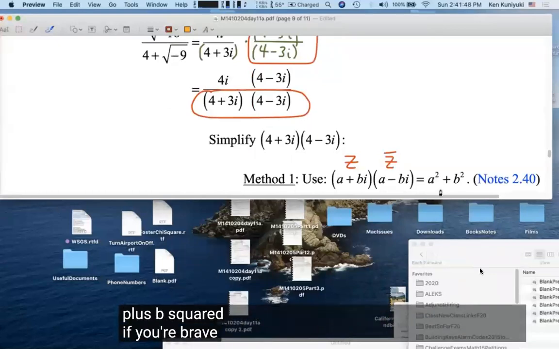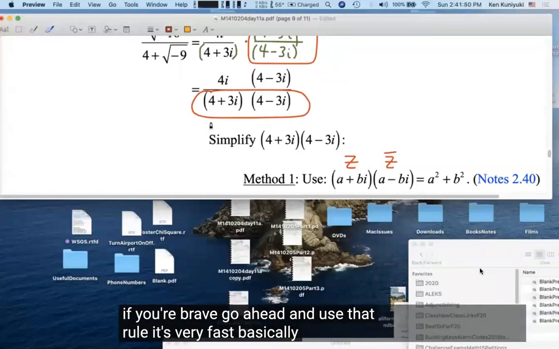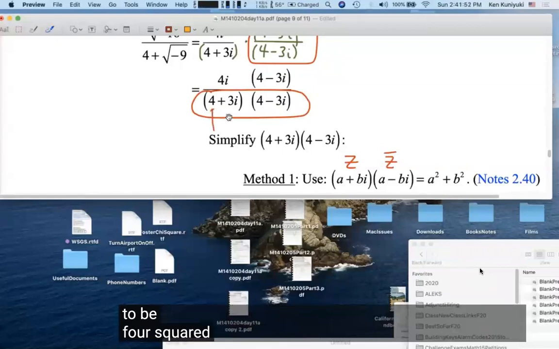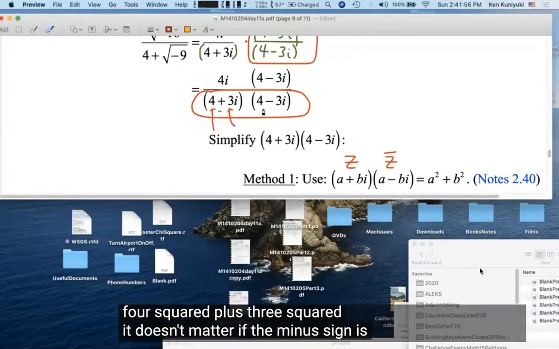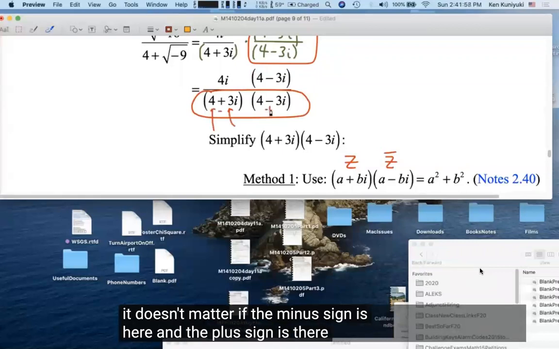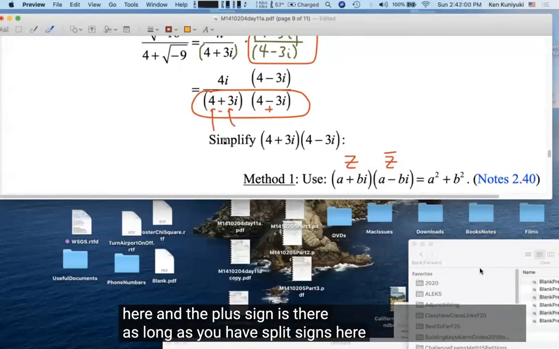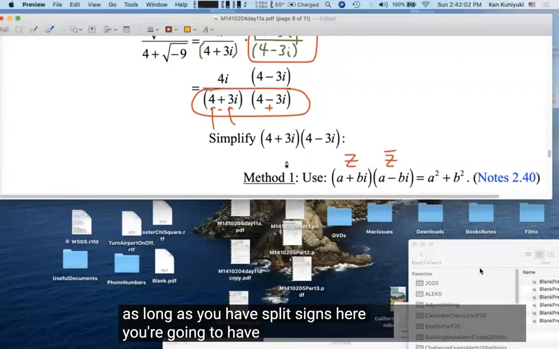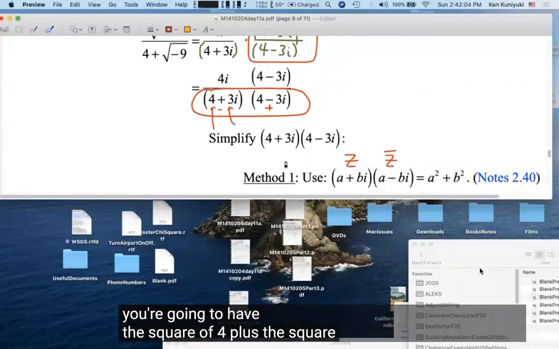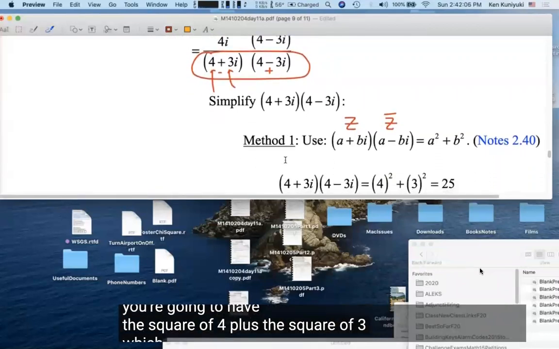If you're brave, go ahead and use that rule. It's very fast. Basically, it's going to be 4 squared plus 3 squared. And it doesn't matter if the minus sign is here and the plus sign is there. As long as you have split signs, you're going to have the square of 4 plus the square of 3, which is 25.